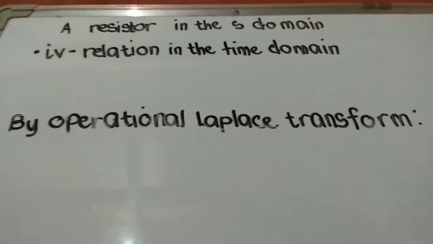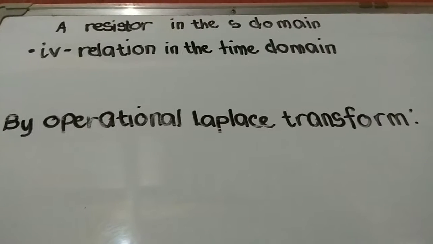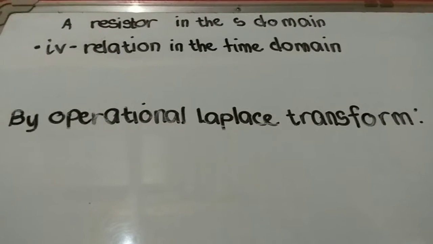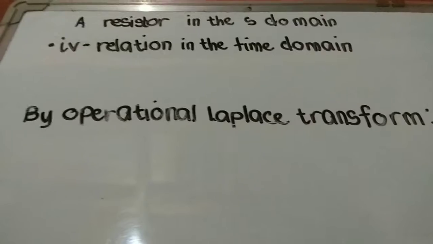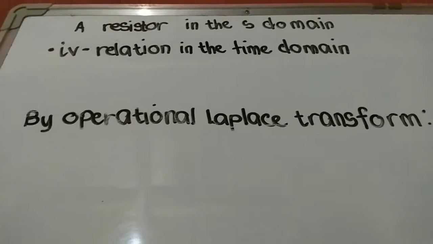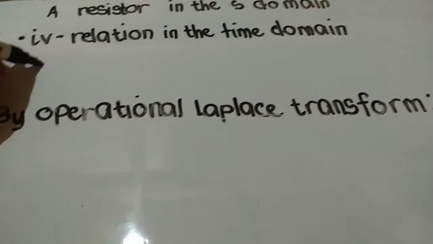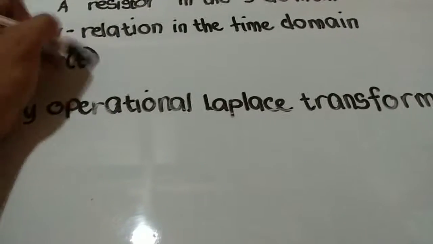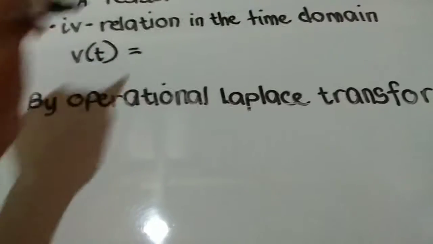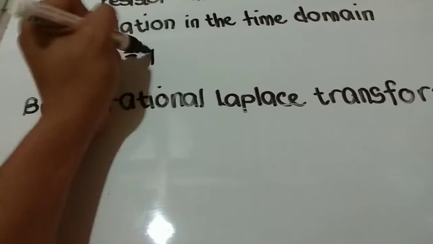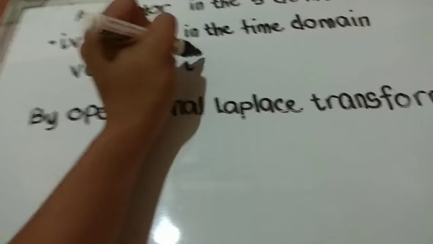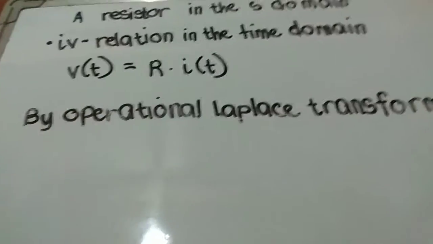Before proceeding, let us recall our topic about the time domain. The current and voltage relation in the time domain of a resistor is v(t) is equal to R times i in terms of current.